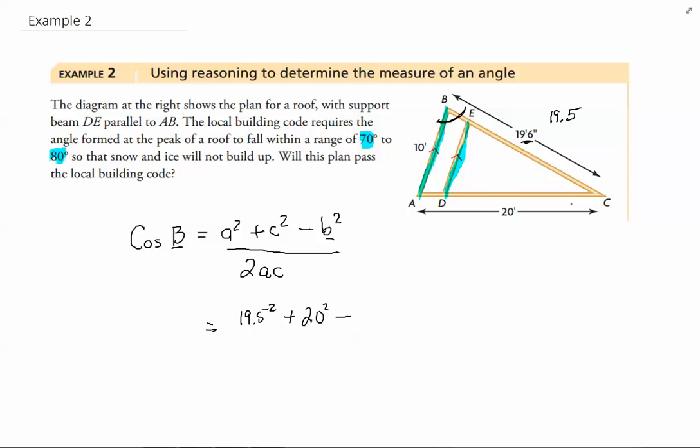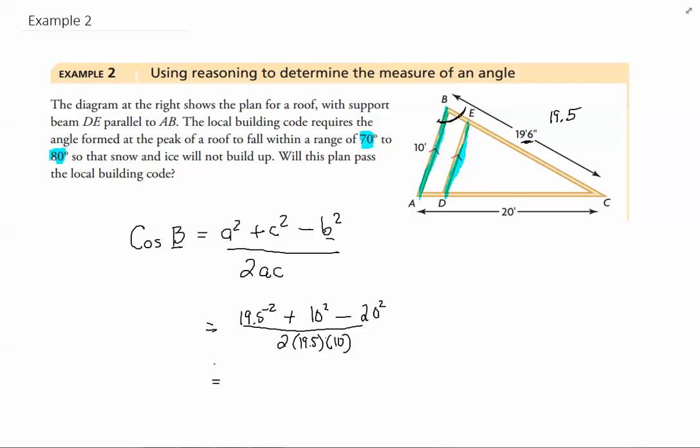Oh, no, B is 20 squared. Careful that we substitute in correctly. So 10 squared minus 20 squared, all divided by 2 times A, which is 19.5, times C, which is 10.